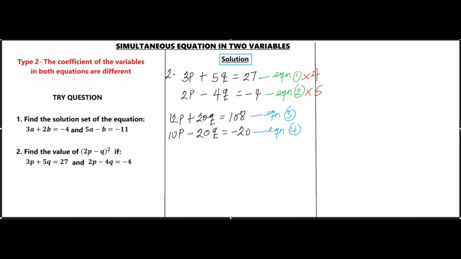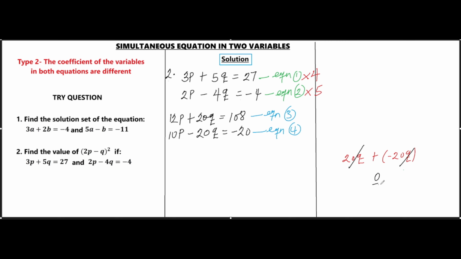So how do we do the elimination? Is it by addition or subtraction? So we see that we can do the elimination by addition, because positive 20q plus minus 20q. Let's see. Positive 20q plus minus 20q. What do you see? So this is positive, this is negative.